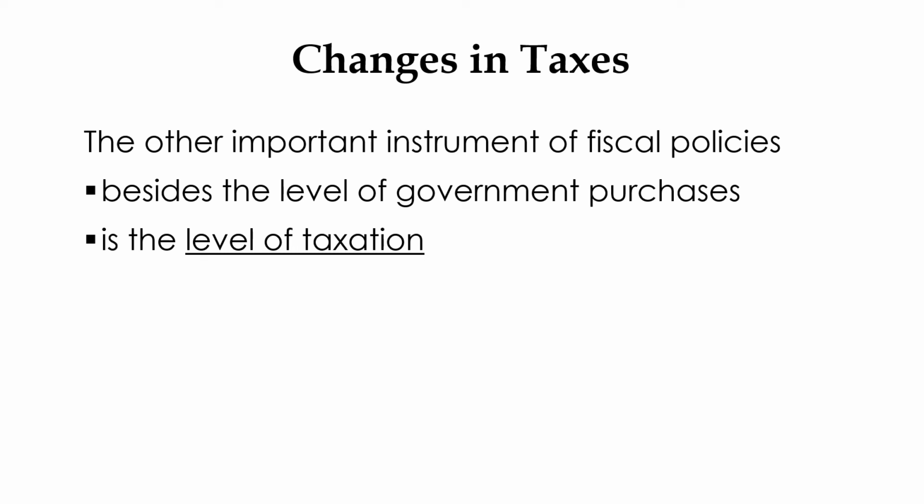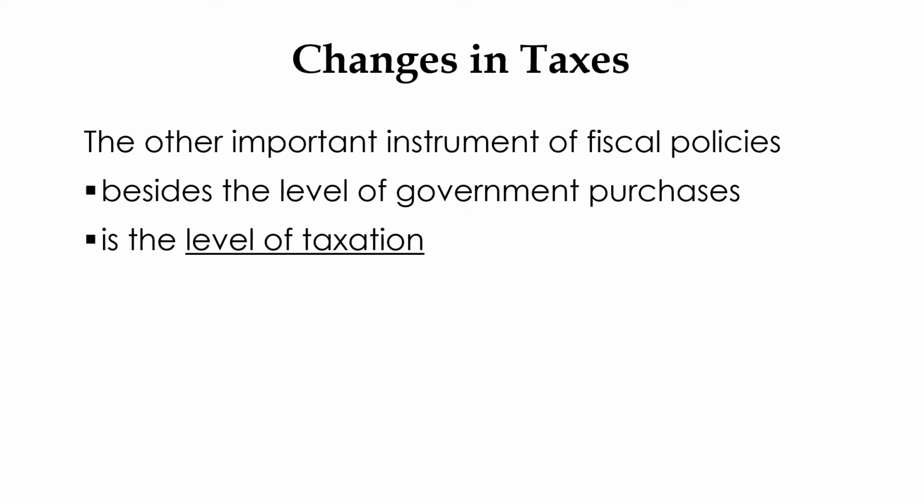All right, so we've been talking about fiscal policy basically in terms of government spending. We've been increasing government spending by $5 billion. That increases G. Yeah, okay, but there's another tool of fiscal policy, and that is taxes. So basically, we can change the level of taxes, and that has an impact on the economy as well.